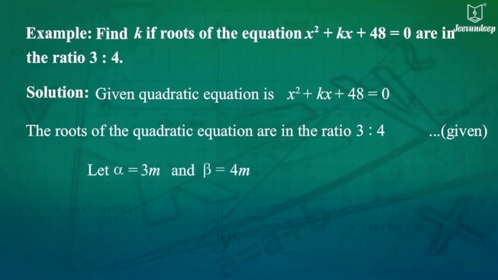Let alpha equals to 3m and beta equals to 4m. We have alpha into beta is equal to c upon a. Putting the values of c and a from the equation, we get alpha into beta is equal to 48.